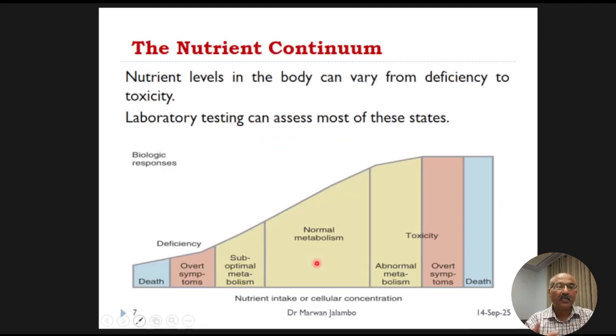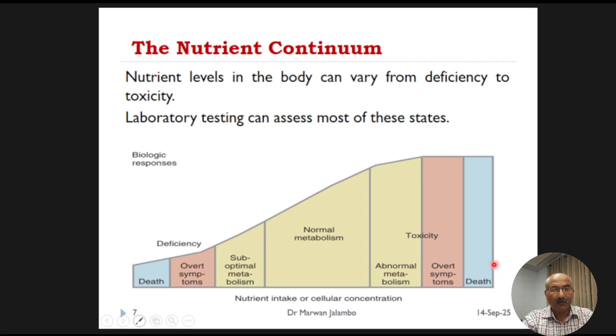So what is the nutrient continuum? This graph illustrates how nutrient level in the body exists on a continuum. Look at this graph. On the far left, you have overt deficiency leading to death, and on the far right you have toxicity, which can also be fatal.